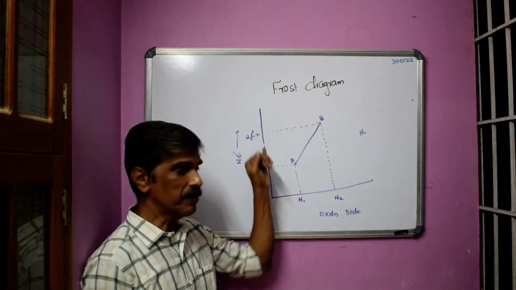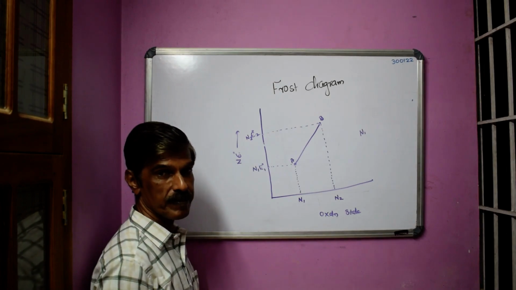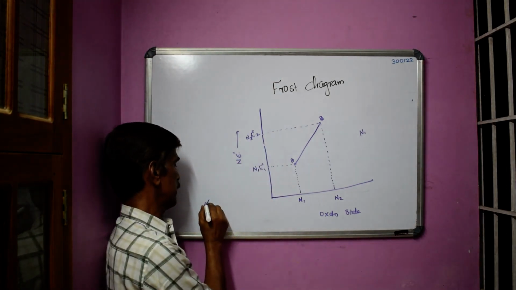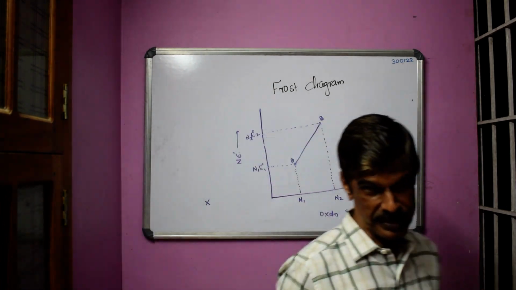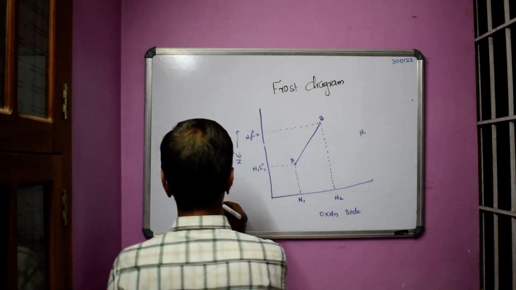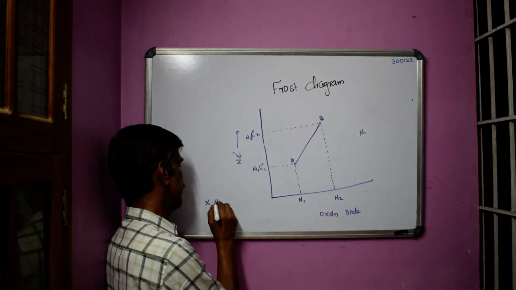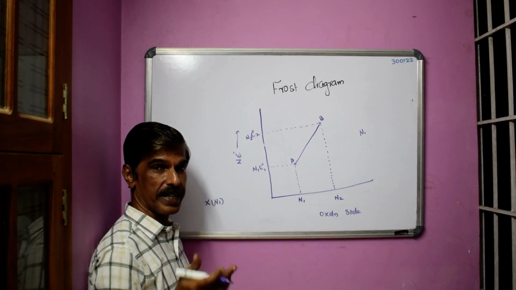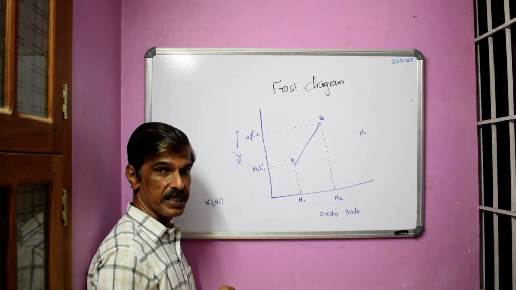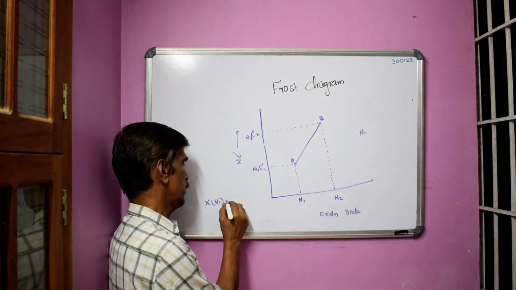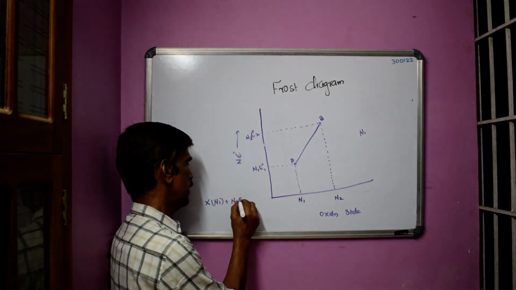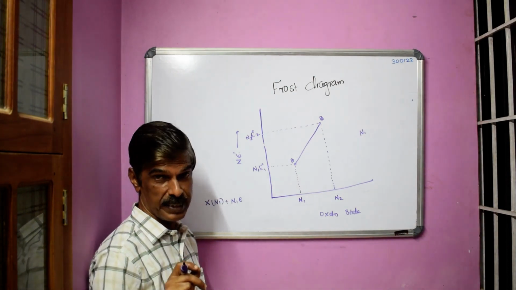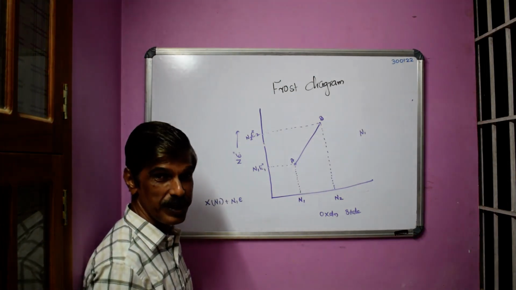Let us consider a reaction for this. Suppose the element is x. For the element x in the N1 oxidation state, if N1 electrons are added to it, what happens?